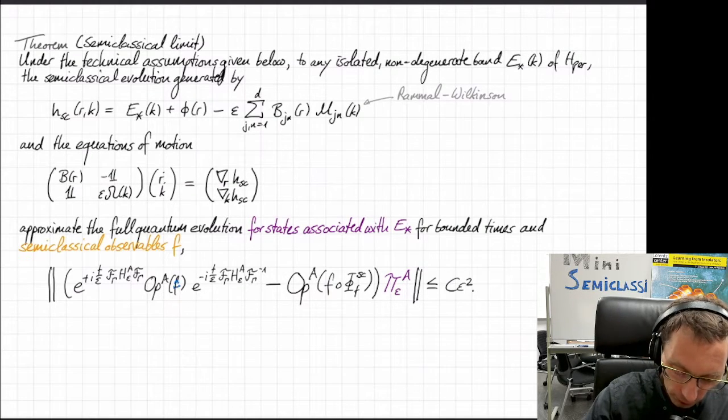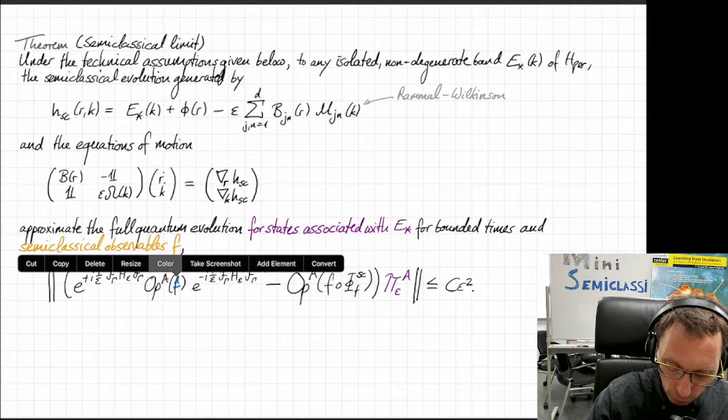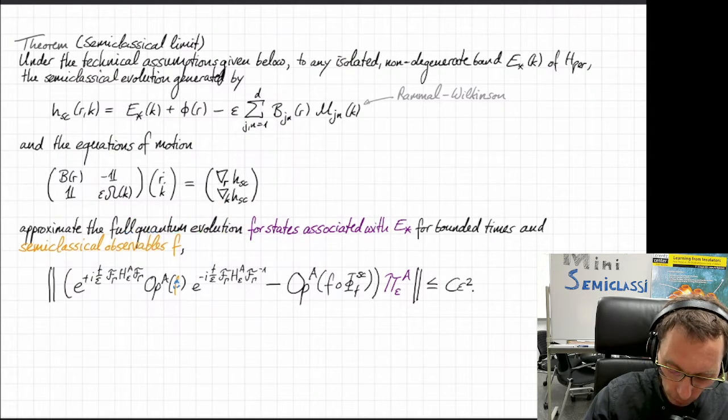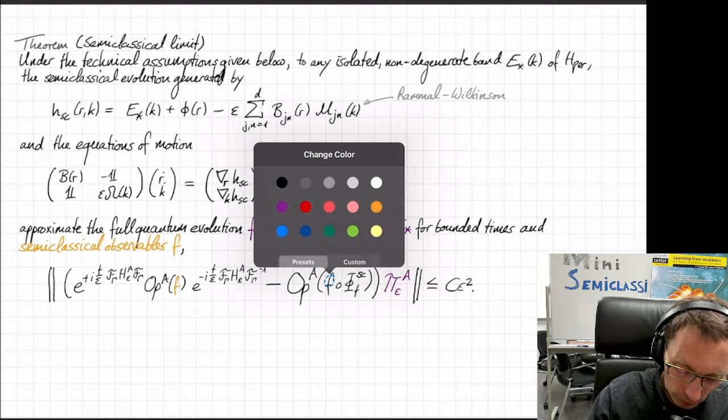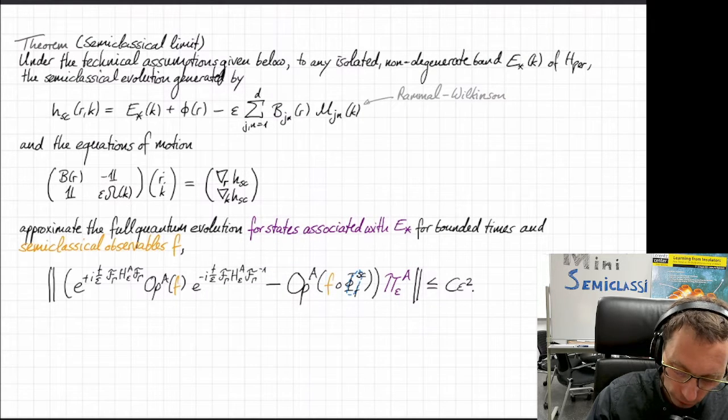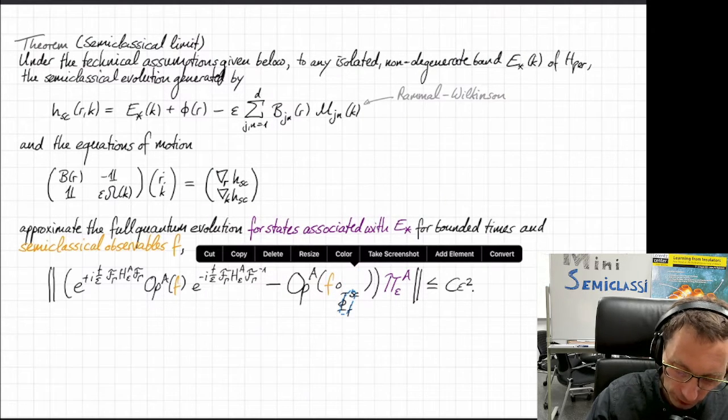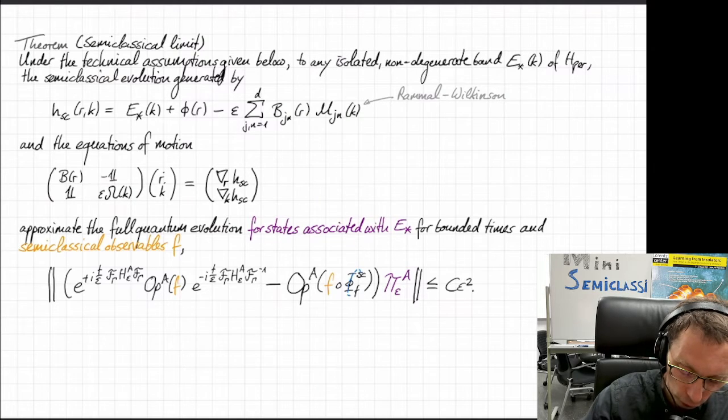And of course, a priori, the simple proof holds for observables that are semi-classical, and that implies that they are quote-unquote quite nice. So for example, they quantize to bounded operators.